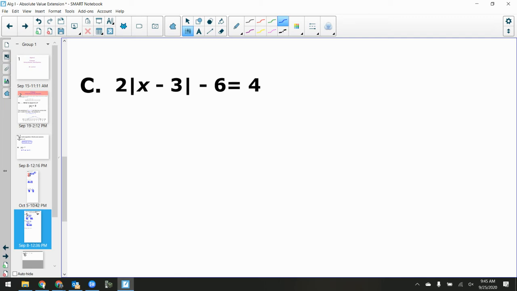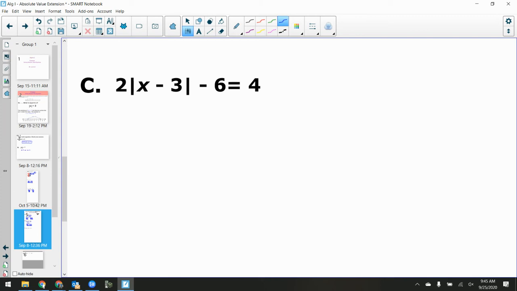Multiplication and subtraction. Right, so what should come first? Addition, not division. I'm just emphasizing it. Not division, addition. I've got to get rid of the addition and subtraction first.